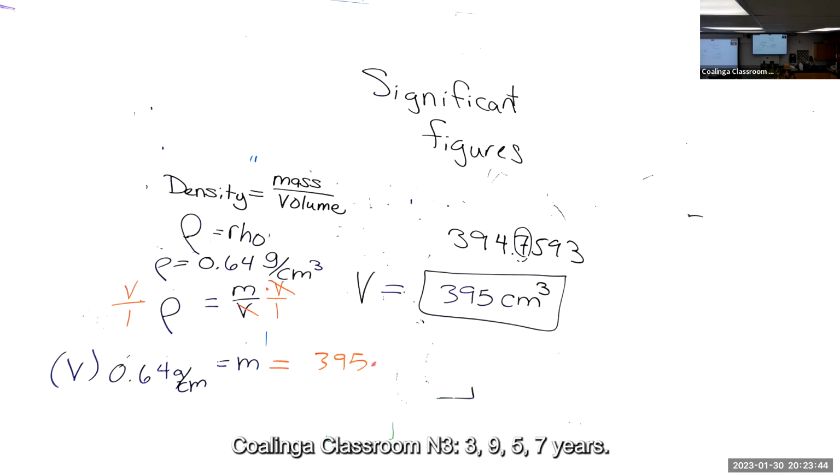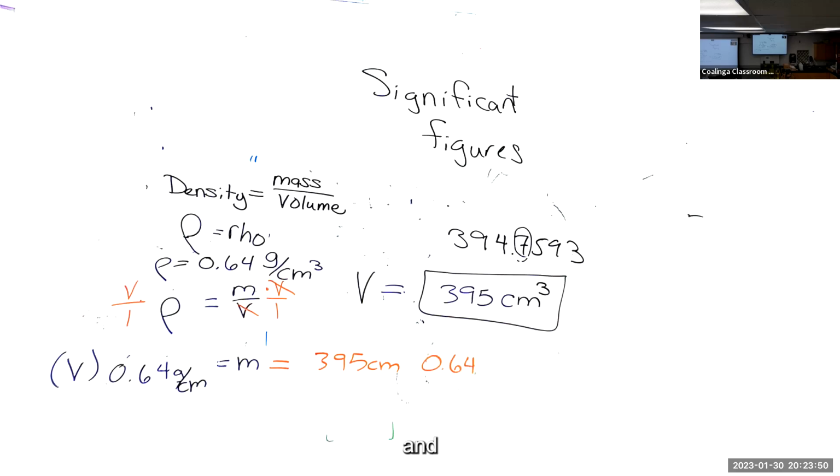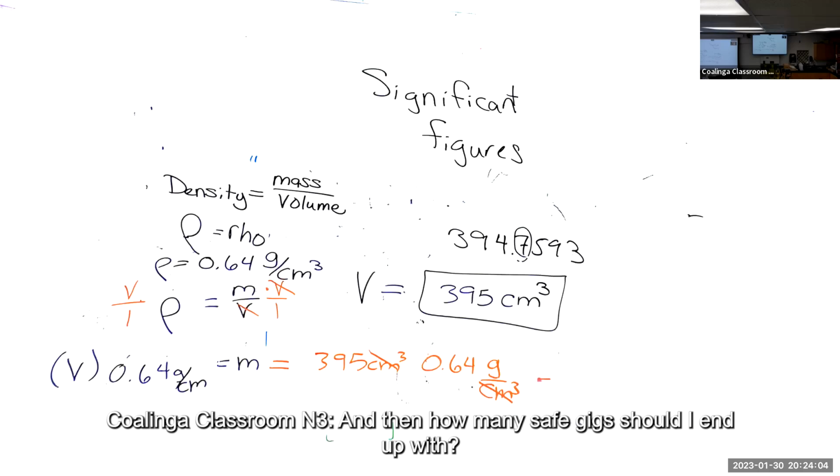So we know that the mass is going to equal 395 cubic centimeters times 0.64 grams. These units are going to cancel out, so that's like having grams over 1 cubic centimeter. And then how many sig figs should I end up with?